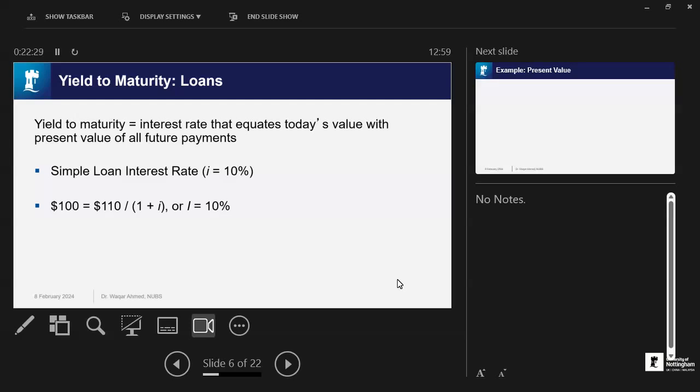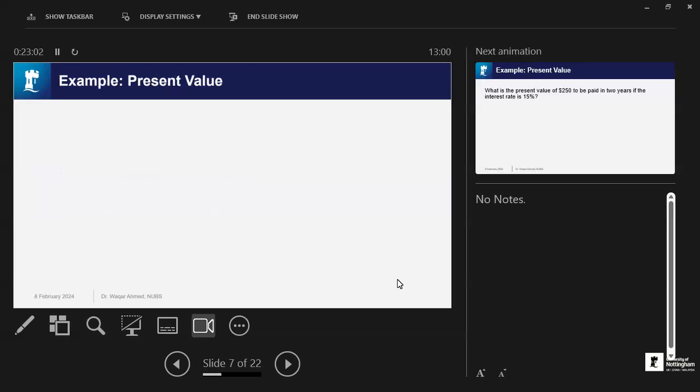So essentially, it's exactly the same formula. We know the present value today is 100. The future value, or cash flow in 1 year's time, is 110. So what do we need to work out? This R. What is this R that would make this 110 in year 1 equal to the present value today, which is 100? Okay. Good. If you work out this I or R in this example, that turns out to be 10%.